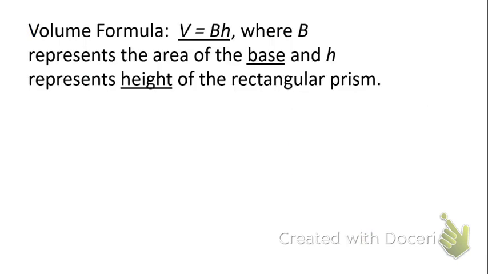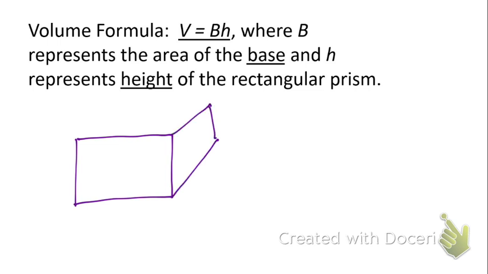Okay? So we just talked about it. The capital B is the area of the base. So once again, let's get our picture of our rectangular prism here. I want to make that a little bit more rectangular, not a cube. There we go.